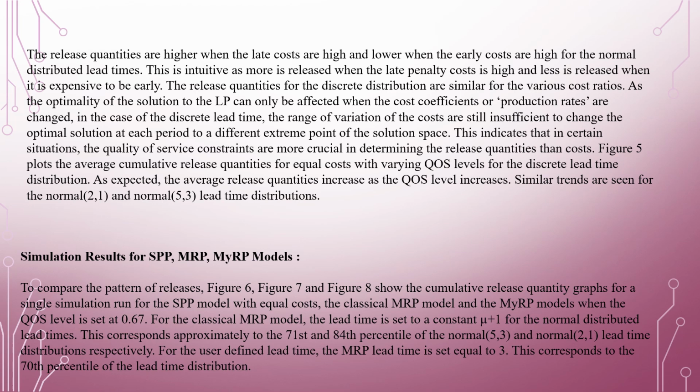This corresponds approximately to the 71st and the 84th percentile of the normal 5,3 and normal 2,1 lead time distributions respectively. For the user defined lead time, the MRP lead time is set equal to 3. This corresponds to the 70th percentile of the lead time distribution.